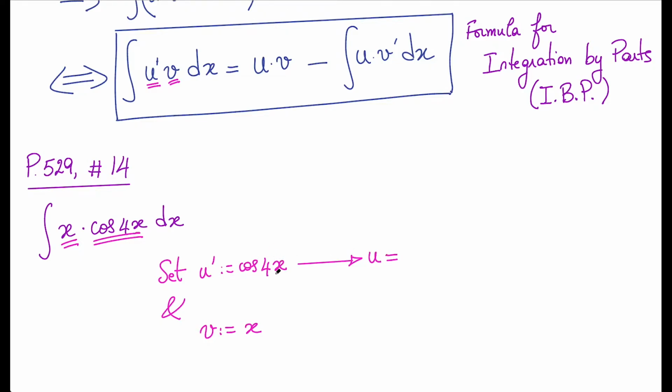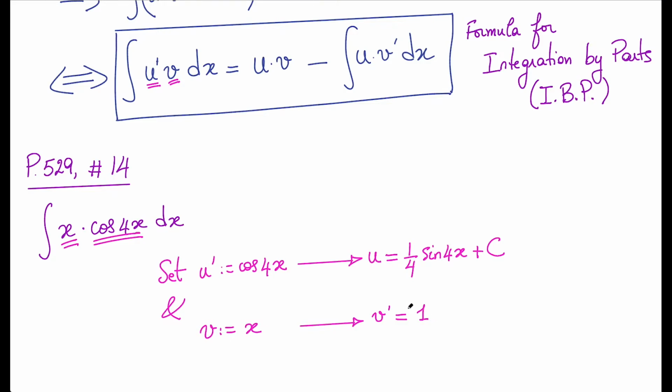Well, it's 1 over 4 sine of 4x plus some constant, right? I agree with that. Because if you differentiate this, you get exactly u prime. Okay, so this is what you have. And if v is x, what do you obtain for v prime? By prime I mean derivative with respect to x, you get a 1.